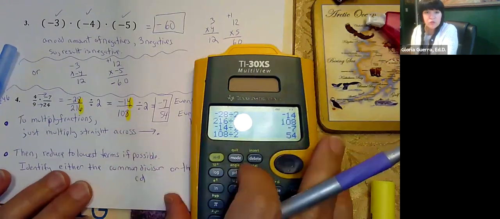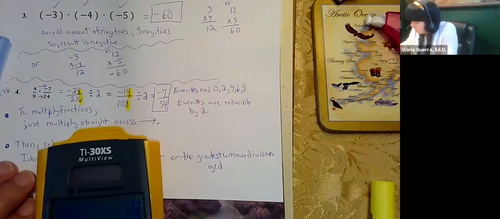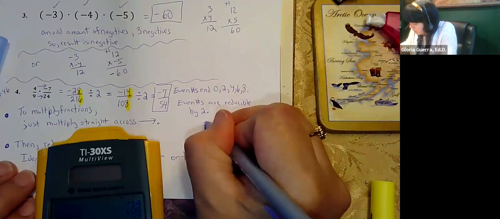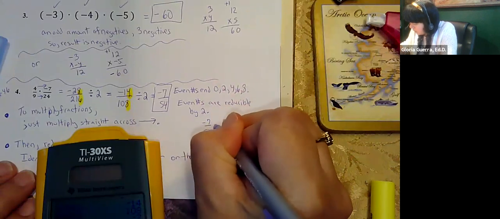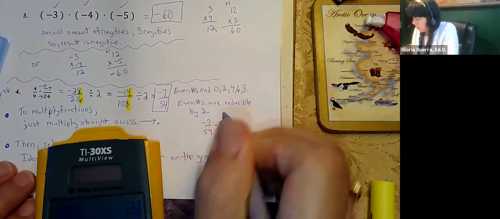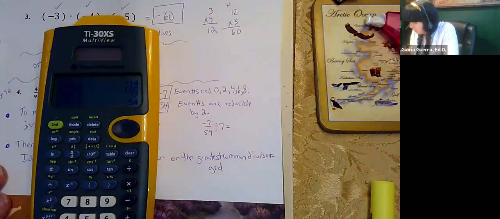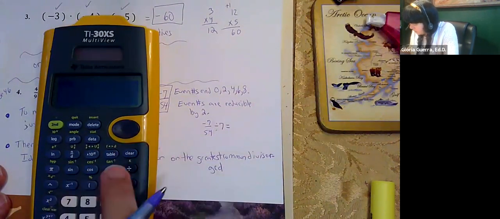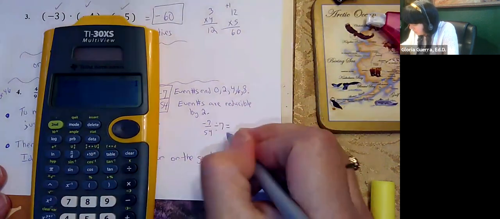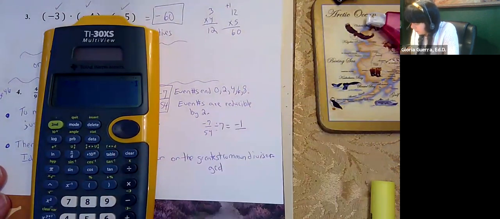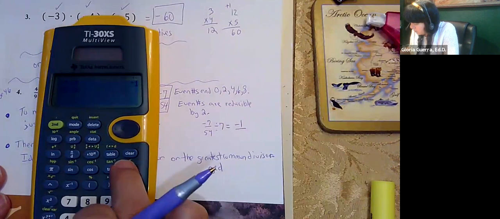If I try 7 on negative 7 over 54, the first part is okay. I don't get decimals. Negative 7 divided by 7 gives me negative 1. But the issue is on the bottom, 54 divided by 7.